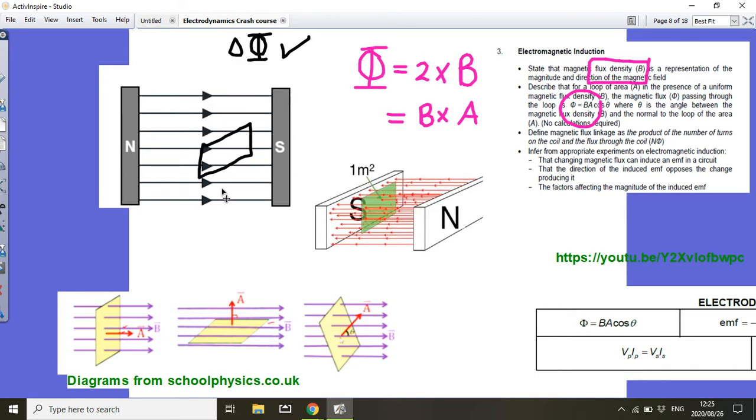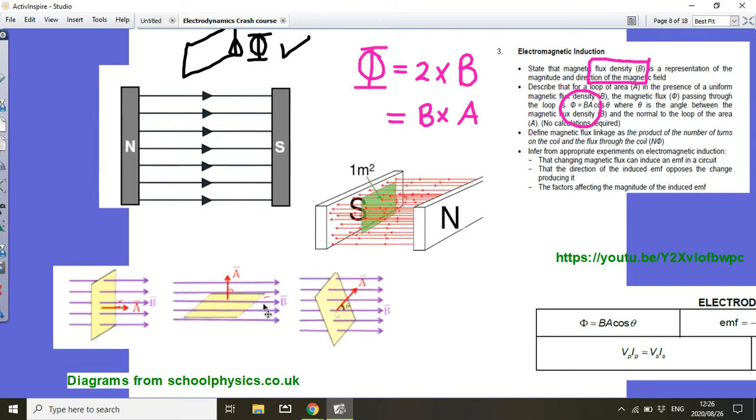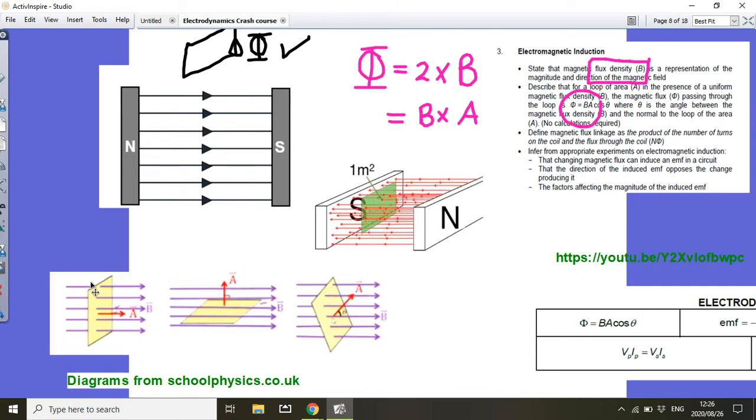When I moved in, it was increasing, and when I moved out, it was decreasing. So both times there was a change in magnetic flux. But the magnetic flux density between the North Pole and the South Pole still remained the same. Now, in this chapter, we're often going to look at things turning in a magnetic field.